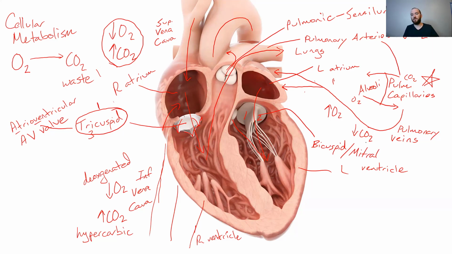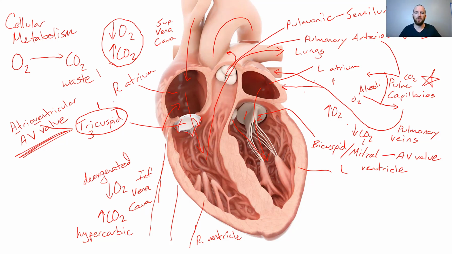Because this valve is located between the atria and the ventricles, it is an AV valve as well. Just like our tricuspid valve is an atrioventricular valve, this bicuspid or mitral valve is also an AV valve because it's between the atria and the ventricles.